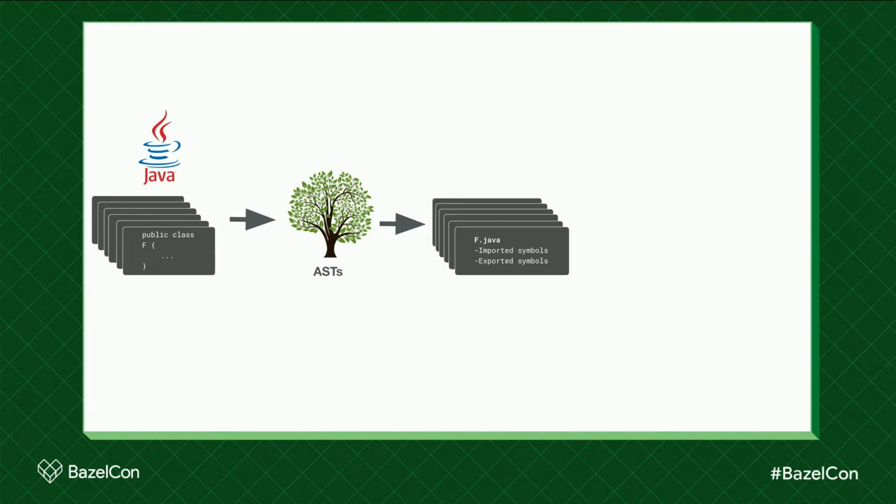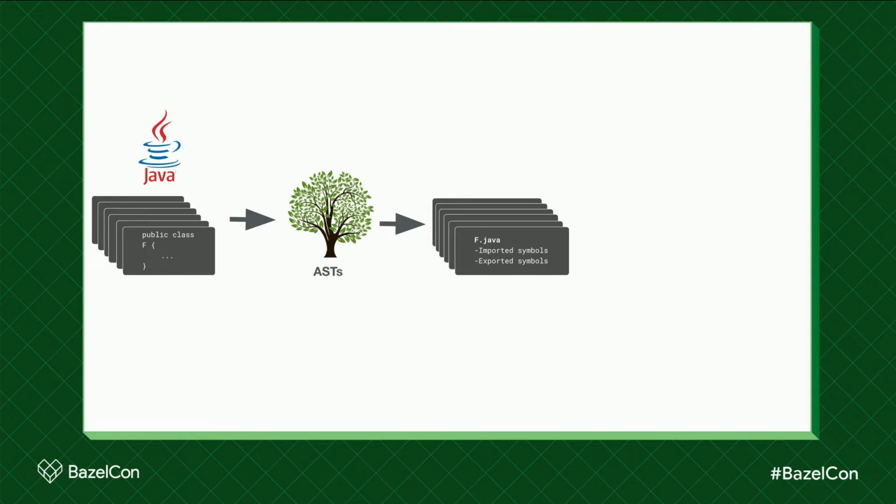And imported symbols are not just like the things that you list in your import statements at the top of the file, or even the list of things that you reference directly by name. It could also be the types of fields that you reference, the types of parameters to methods that you invoke. There's a lot of information that the compiler needs that might not be immediately obvious.